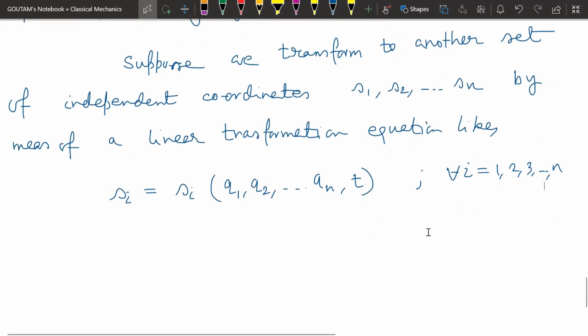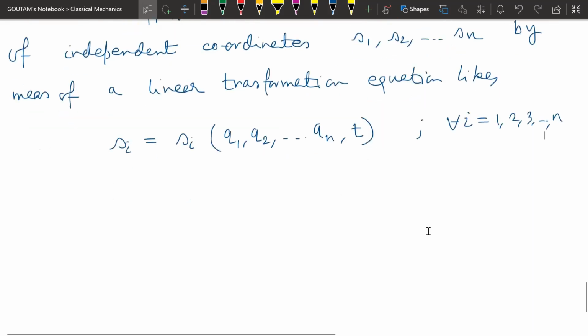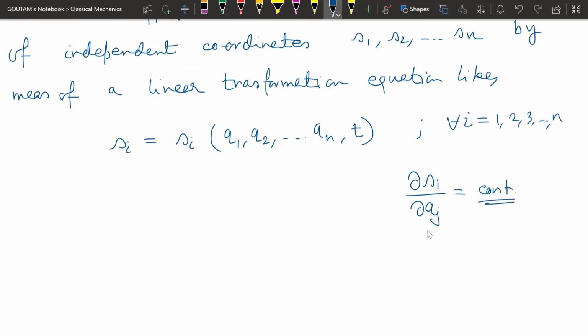It's a linear transformation. That means if we do del s_i del q_j, it will be a constant. It will not depend on any other coordinates. That's how this linear transformation is defined. Or del s_i del t, if we do.